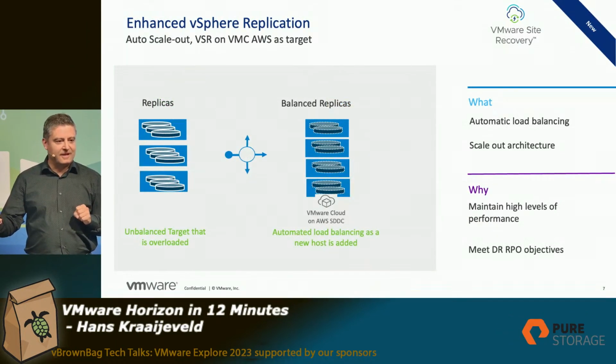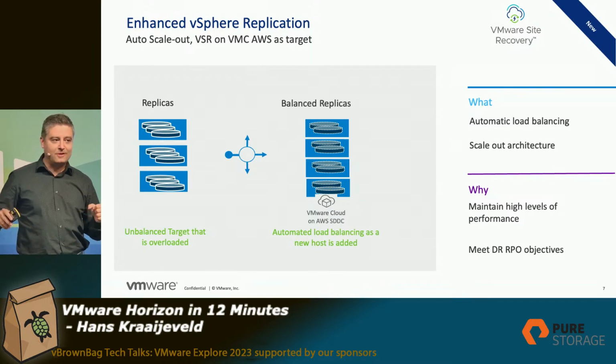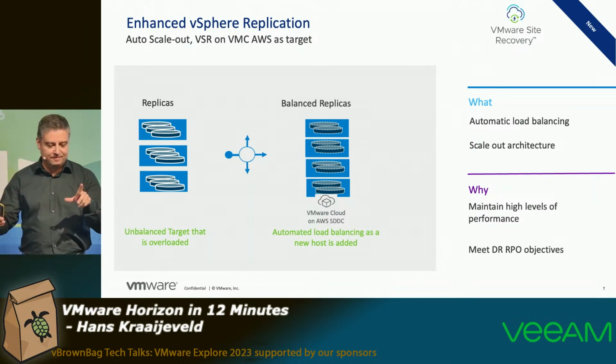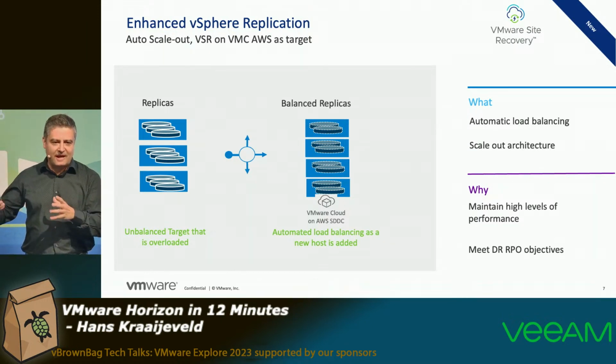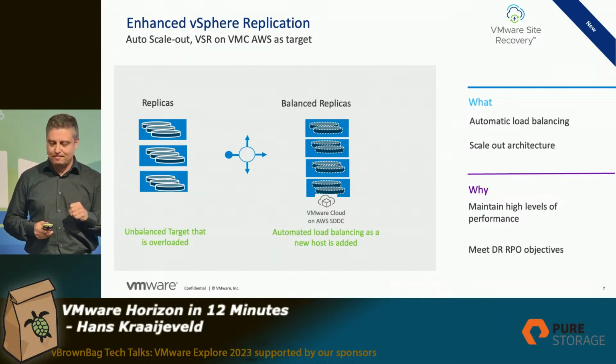As part of this re-architecture that I mentioned, we also allowed automatic scale out and auto balanced mode. What I mean is, in the past, when you configured a new replication, you could select auto assign. So the HBR server at the target site could select the most suitable host-based replication server.